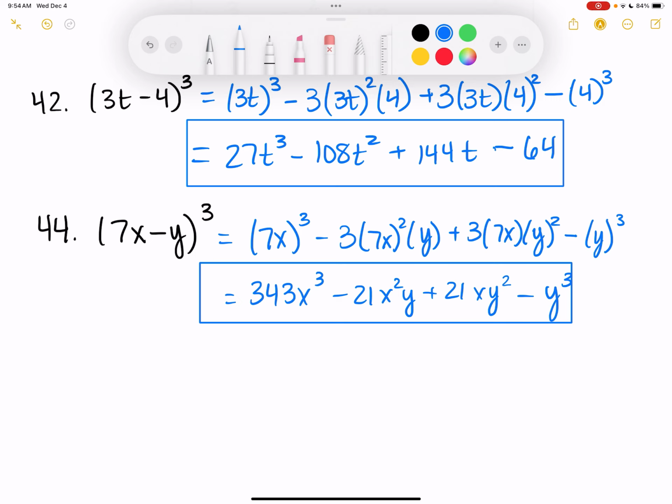So for this one, it would be this. What we got? What the heck? Did you not cube 7? I cubed. Oh no, I didn't. I just left it as 7 cubed.